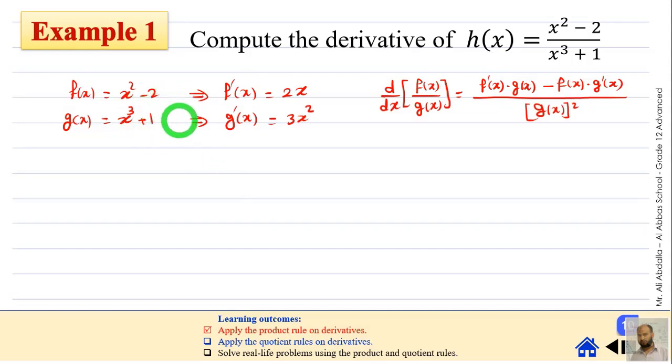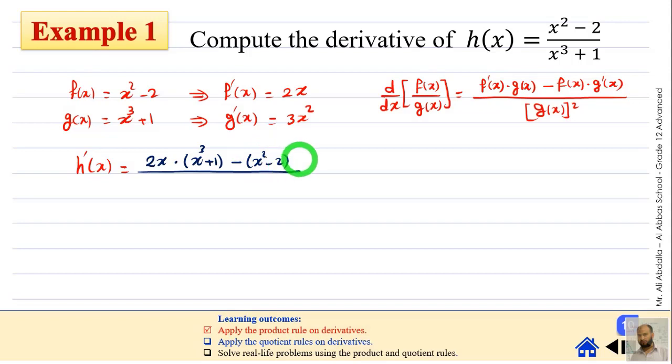Then we can substitute to find h'(x). h'(x) equals f'(x), 2x, times g(x), x to the power 3 plus 1, minus f(x), x to the power 2 minus 2, times g'(x), 3x to the power 2, over g(x), x to the power 3 plus 1, all to the power 2.